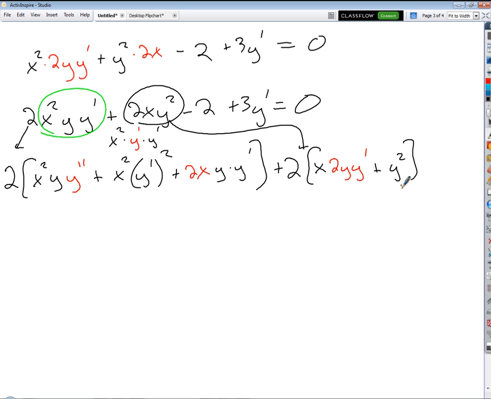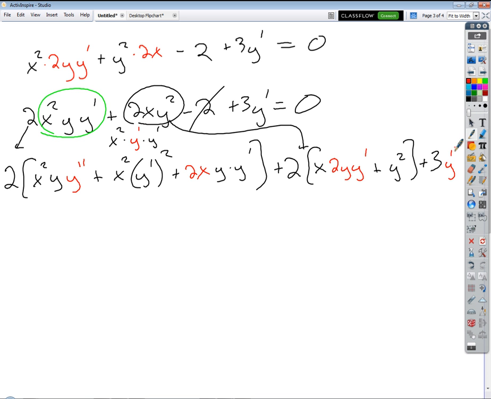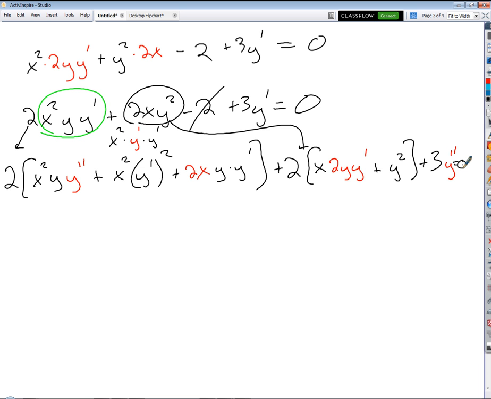Minus 2, that goes away, right? And then plus 3y prime. Equals 0. Good.